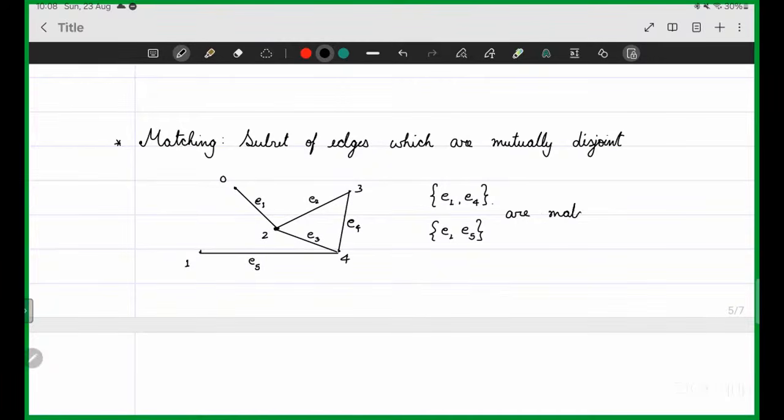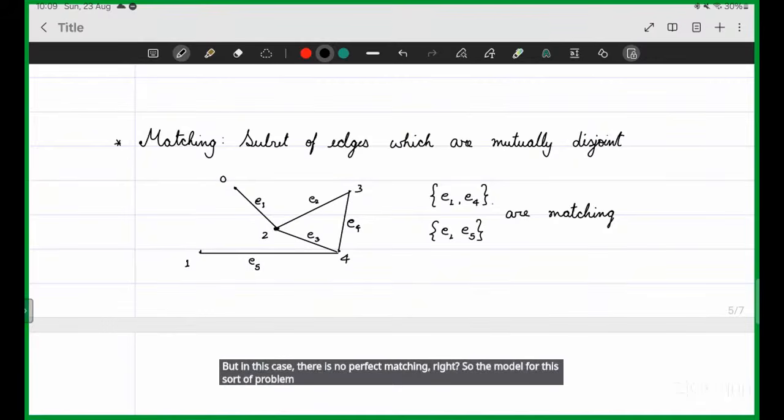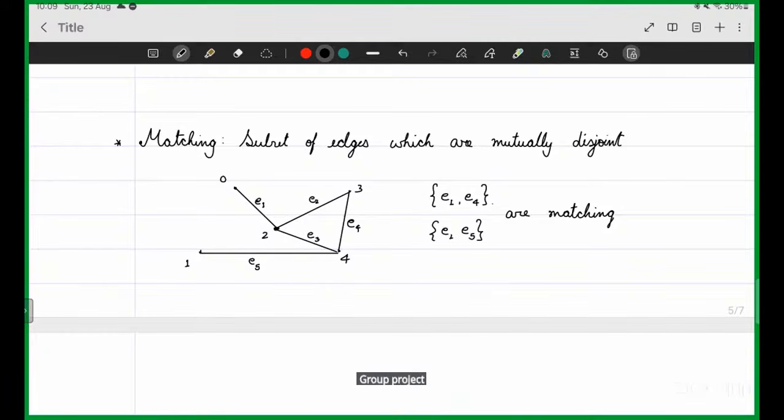So these two of these are a matching. But in this case, there is no perfect matching, right? So the model for this sort of problem is you want to assign a group project, which you can do.